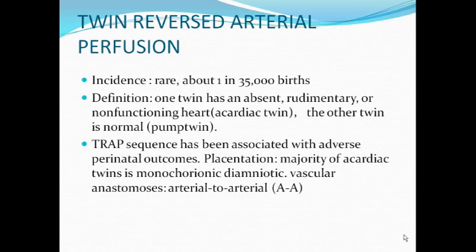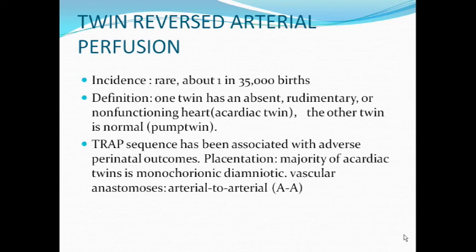Here one twin has an absent or rudimentary or non-functioning heart, that is, there is no heart in one twin, only a mass of body, while the other twin is normal, having all normal features. So one twin is the acardiac twin, the other is the pump twin.